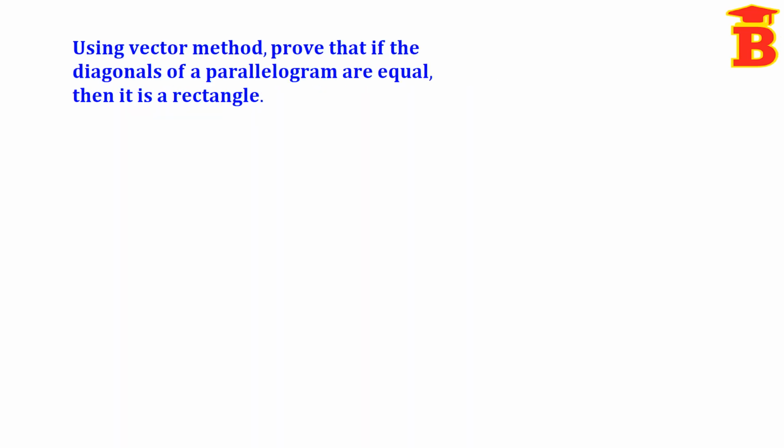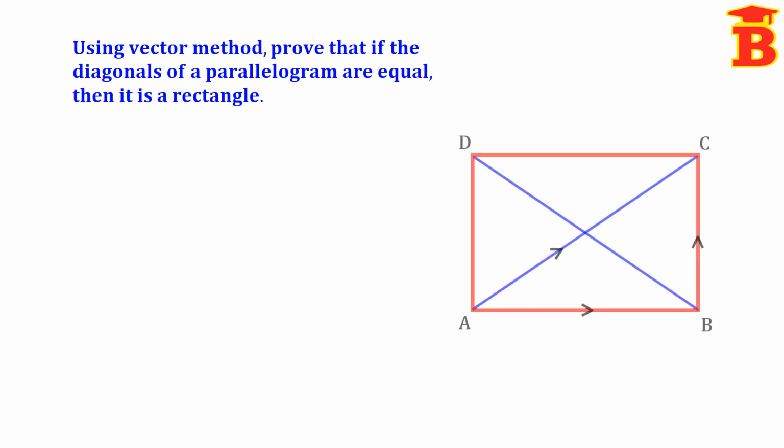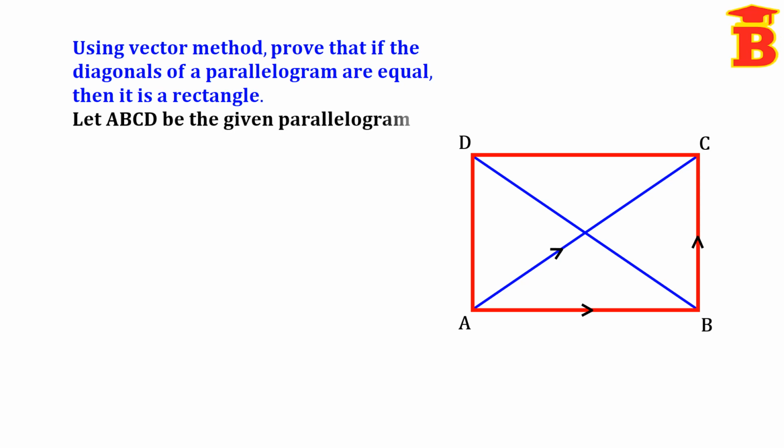Next problem, using vector method, prove that if the diagonals of a parallelogram are equal, then it is a rectangle. Now let us consider ABCD be the given parallelogram, and finally we have to prove that it is a rectangle. So to prove a rectangle, it is enough if we prove the corner angle is 90 degrees.